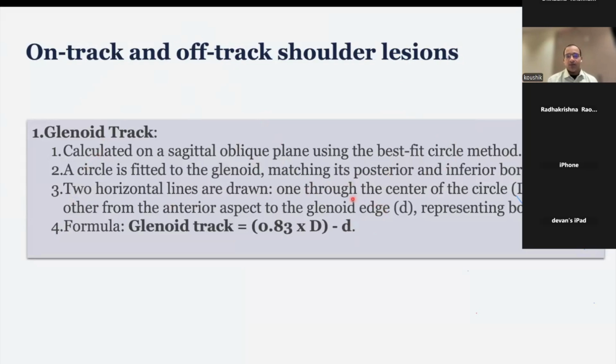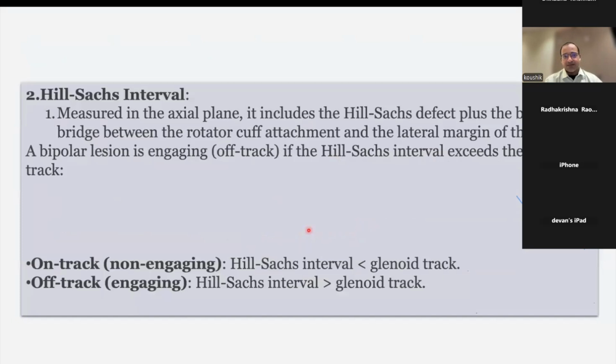If we draw an anteroposterior line along the glenoid center point and multiply it by 0.83, that is the glenoid track. In a Bankart lesion, this small d denotes the loss of bone. If we subtract the bone loss from the normal glenoid track, we get the actual glenoid track in a Bankart lesion. Then we need to know the Hill-Sachs interval.